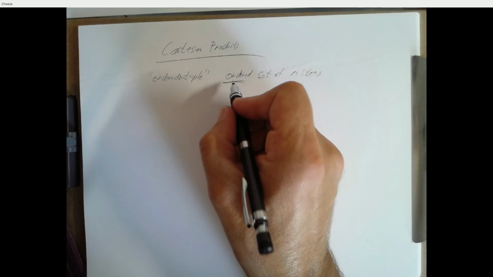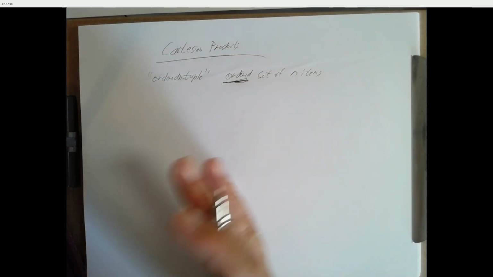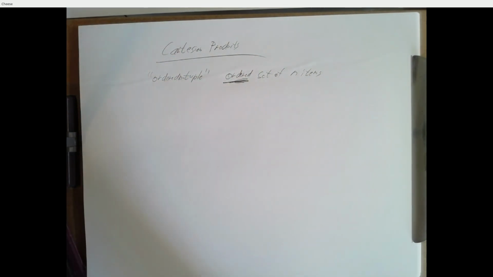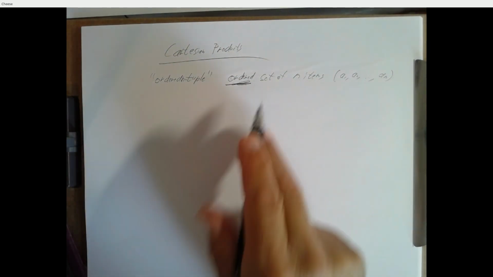It's a set where we've imposed some ordering. So an ordered 2-tuple, like 1 comma 2, will be different from 2 comma 1. Okay, the order is going to be significant. So a set of n items, for example, A1, A2, up through AN. And we draw these in parentheses instead of curly brackets to make it clear that it's not a regular set.